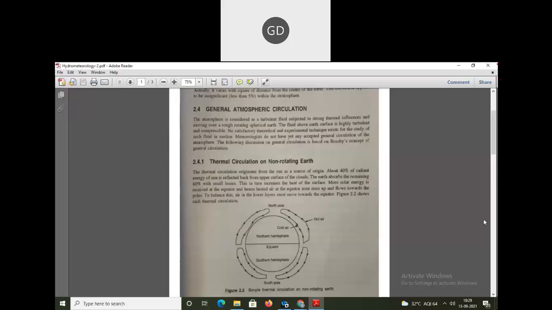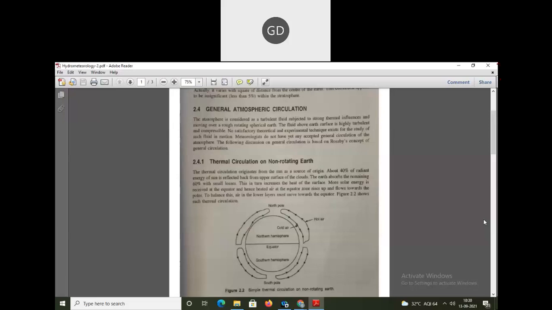Suppose the earth is not rotating, how would this thermal circulation happen? From the name thermal, it means that it originates from a source, which is the sun. From the sun this thermal circulation originates, and the sun is said to be the main source of its origin.